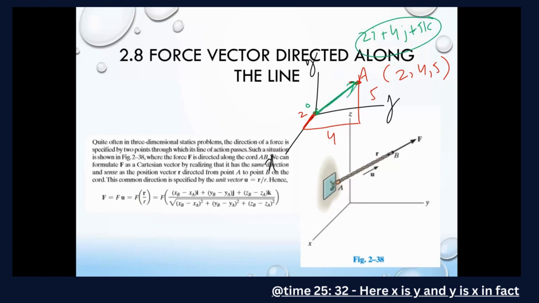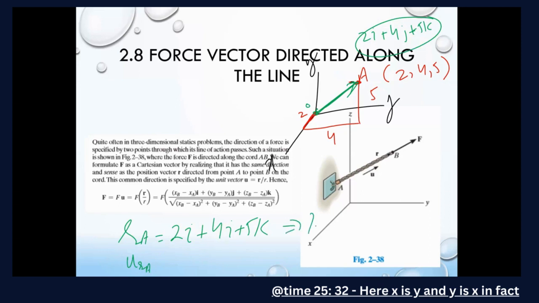If there is a vector RA, 2i plus 4j plus 5k, how can I calculate the unit vector? Do you remember the procedure? Find the magnitude first.